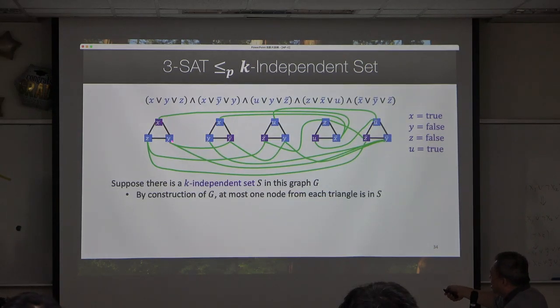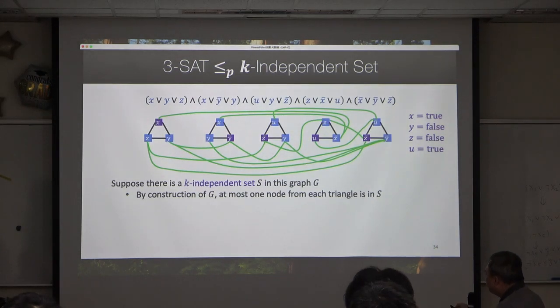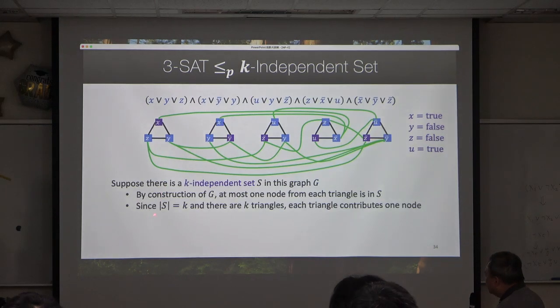If you pick one, you cannot pick the other two, otherwise it's not independent. Since the size of S equals K and there are K triangles, each triangle has to contribute exactly one node.